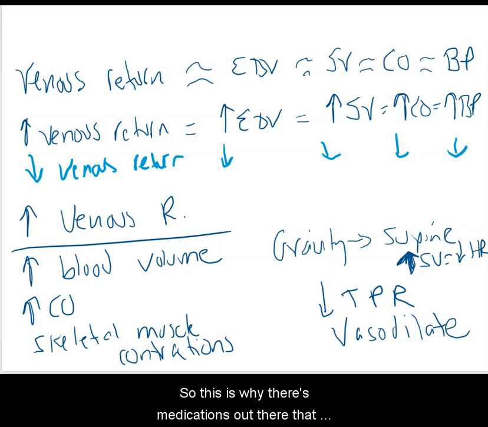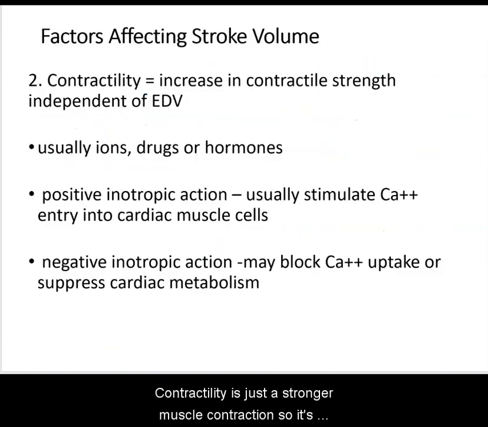And so this is why there's medications out there that work this way, right? With people with high blood pressure. When you have more resistance to flow, your heart will have to create more pressure. And we're going to get to that in just a minute because this whole resistance really has something to do with ESV.